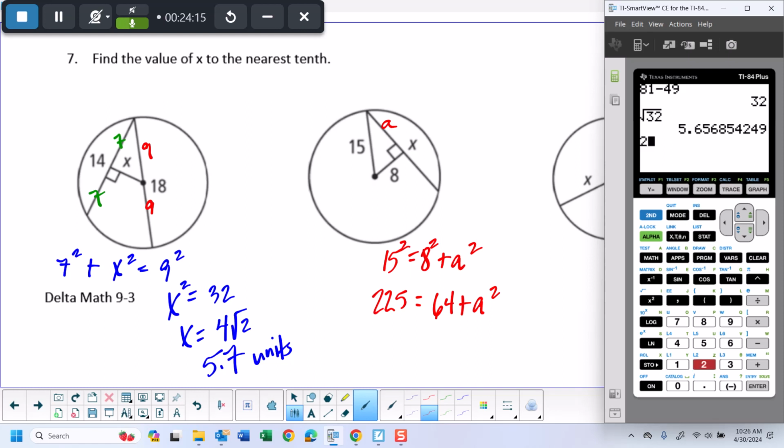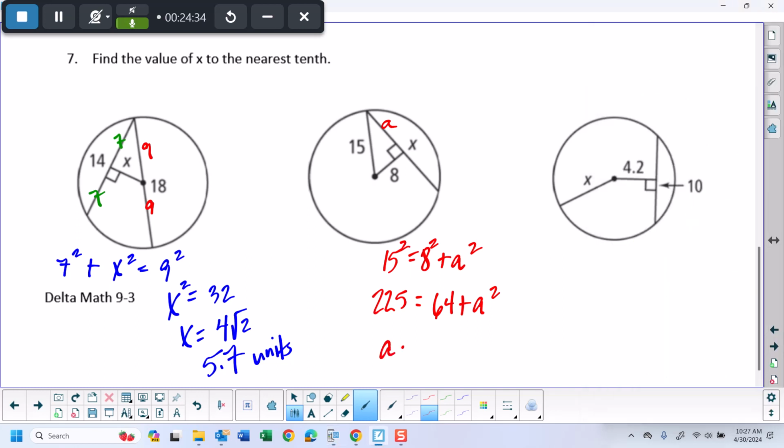So when we do 225 minus 64, and then take the square root because they want us to round. Nope, that's not what I want to do. Second radical, second answer, 12.7. That's going to be A.